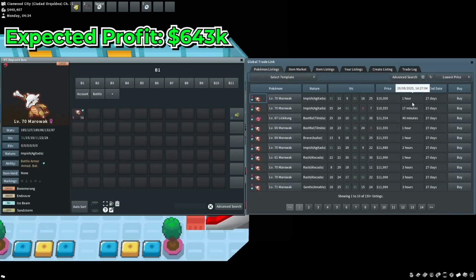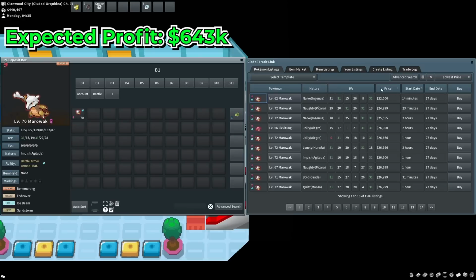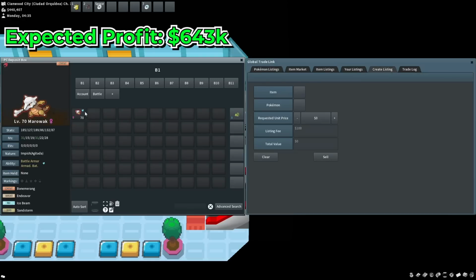So if you put it like this, yep, we can see that it goes for about the same as I bought it. And you can see that the 31 desire, which ours has, is very underappreciated. If we put it like this, no 31 here, they go for around 20k. So I'll be putting ours at 12k.